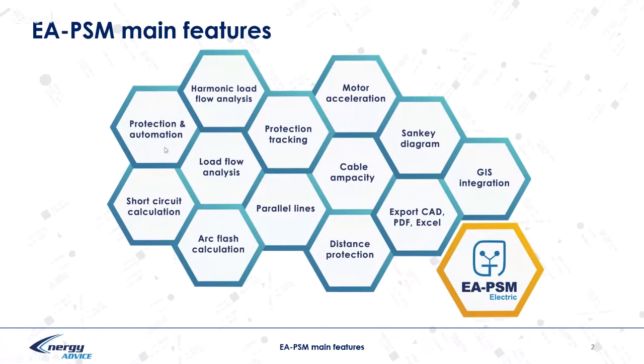We also have protection and automation features that allow selecting protection relays and their settings so that they work in a selective and reliable way. There are many other functionalities which are important for distribution, transmission, and industrial network maintenance engineers, and also design engineers. So today during the presentation we will try to cover some of them.